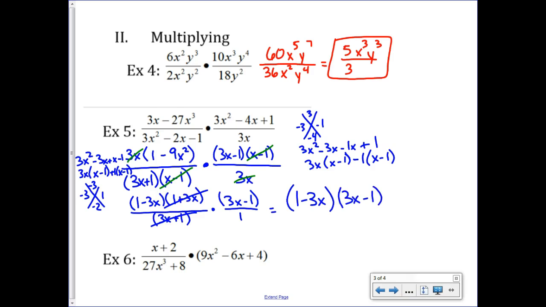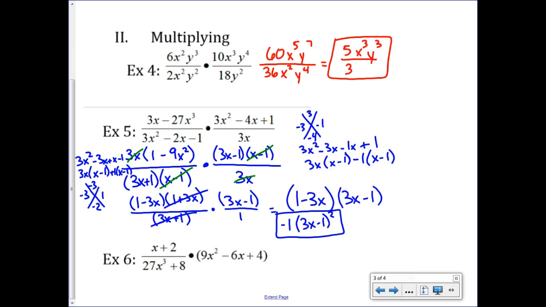One thing I can do if I really want to is I can factor a negative 1 out of this first one. So if I take a negative 1 out, I end up with negative 1 plus 3x, or 3x minus 1. So I have 3x minus 1 times 3x minus 1, 3x minus 1 quantity squared. So all of this original problem simplified down to just that.